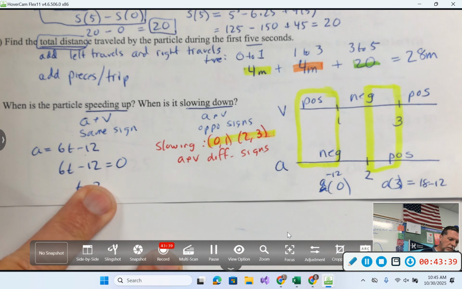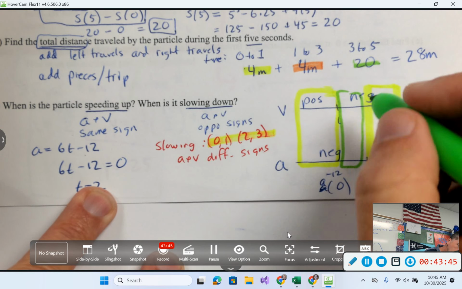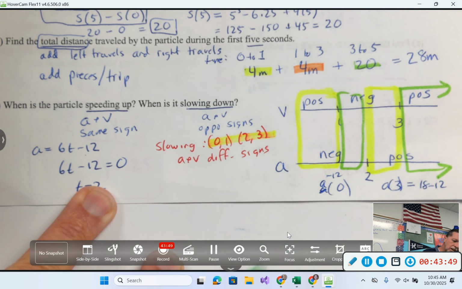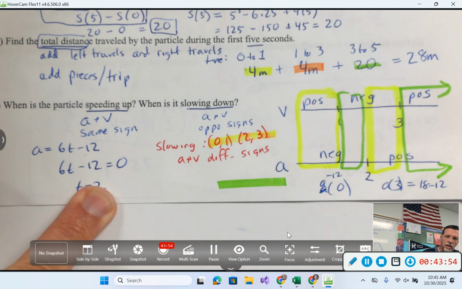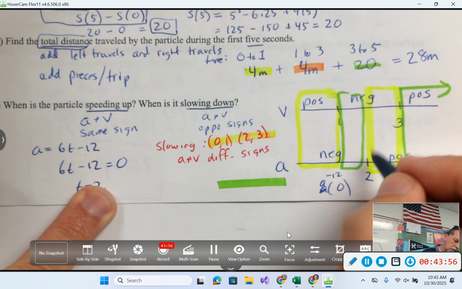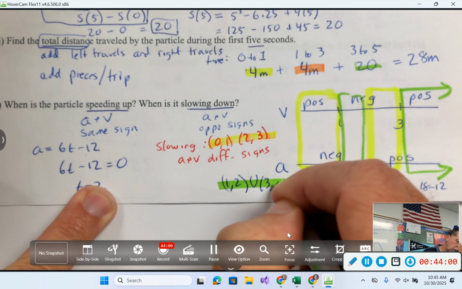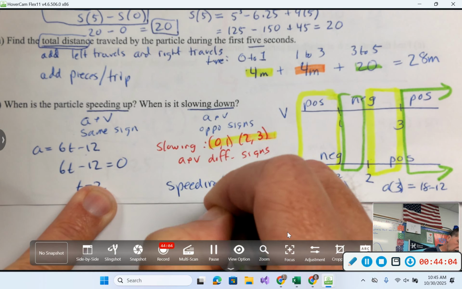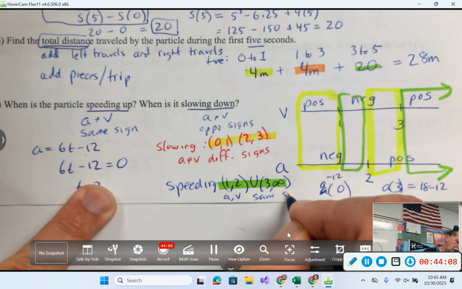And it's speeding up. Let's see when they match. It looks like 1 to 2 and 3 and on. 1, 2. 3 to infinity, we're speeding up. Because A and V have the same sign.